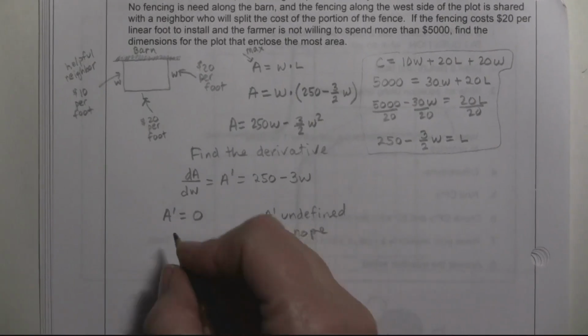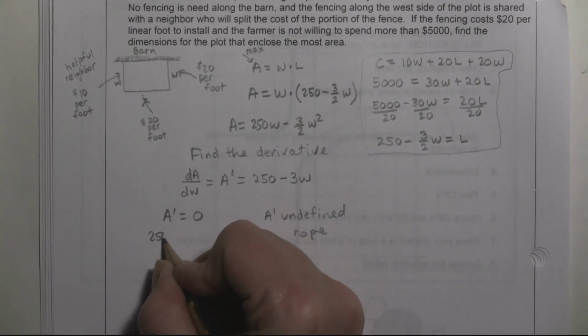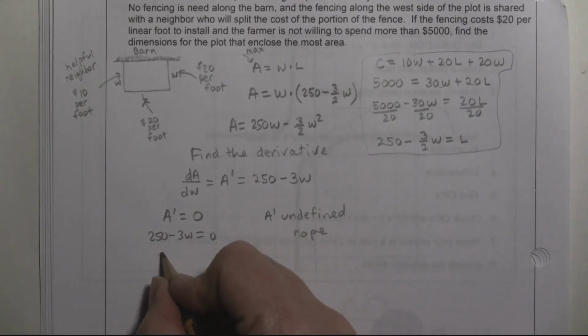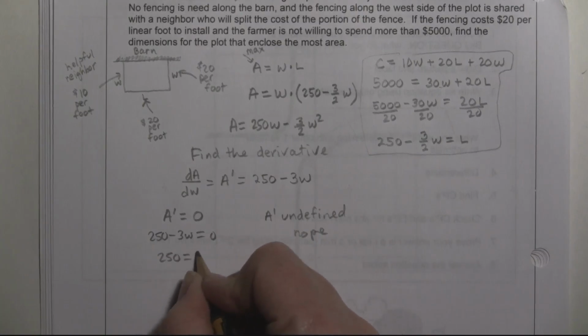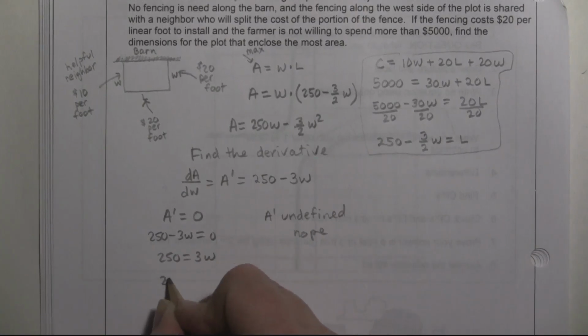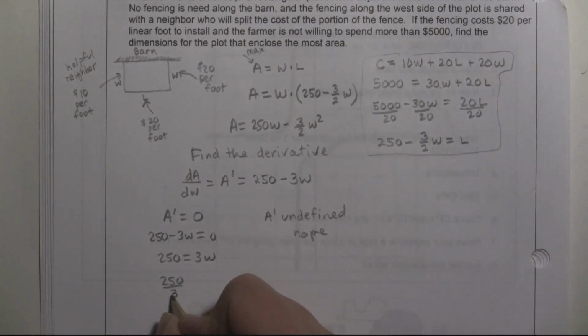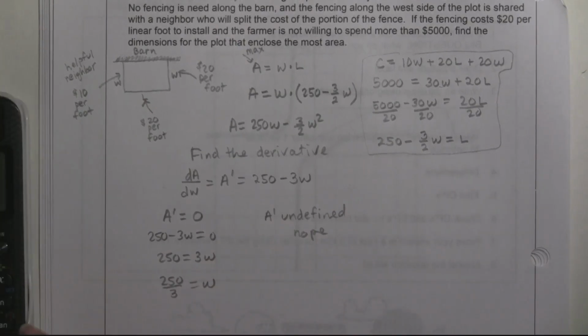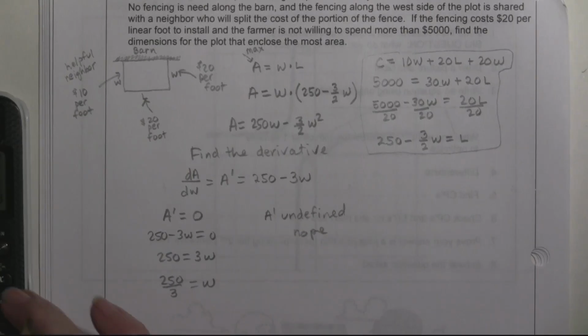And so when I solve this, 250 minus 3W equals 0. So that's 250 equals 3W. So this is 250 divided by 3 equals W. That's not going to be a nice amount, but I'm not a person that's going to round, not a single bit.